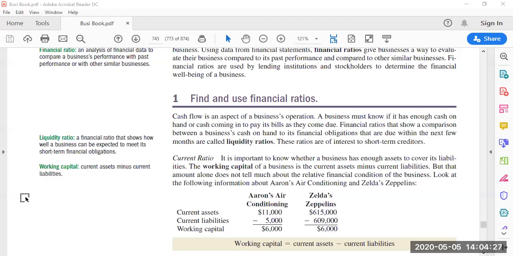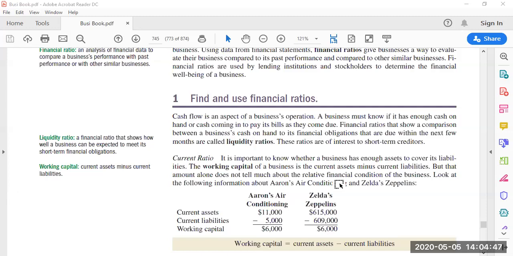If you owe money to other companies or businesses, you must use your current assets to help you make those payments. So this current ratio is an indication of how well those assets can cover your liabilities.